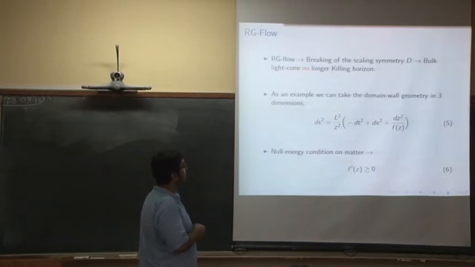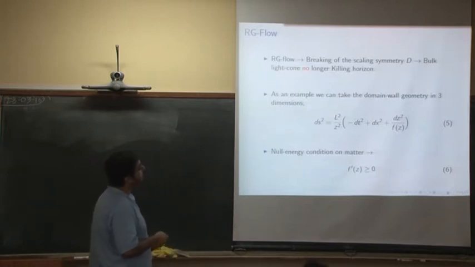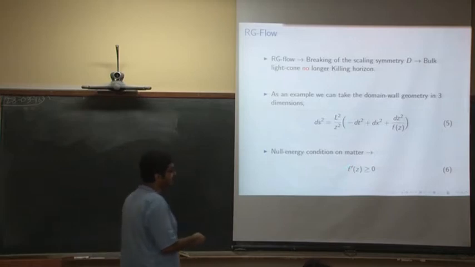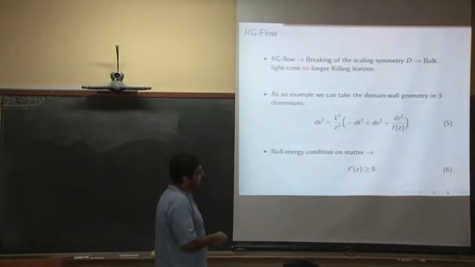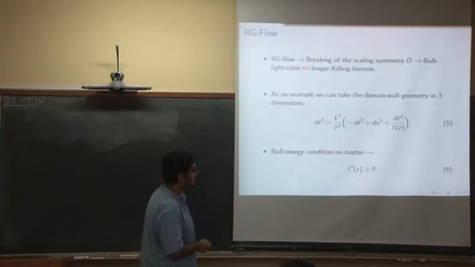So this particular geometry is for the three-dimensional, AdS3 case. Now, if you apply the null energy condition, what one gets is that f prime of z, which is just d/dz of f(z), is greater than or equal to 0.